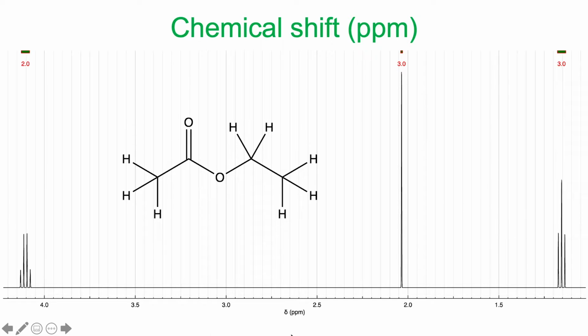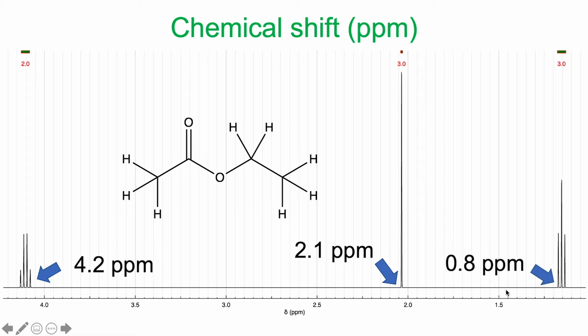Chemical shift is the x-axis here. So it usually runs from anywhere from 12 on the left. The spectra here is zoomed in, but 12 on the left to 0 on the right. Okay, so for example, if we identify this quartet here is at about 4.2. Okay, this singlet here is at about 2.1, and then this triplet here is at about 0.8. Okay, and these tell you what groups they're next to.